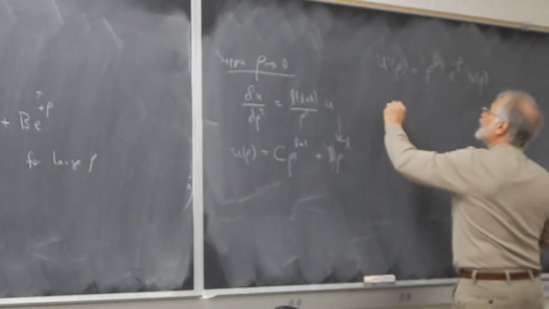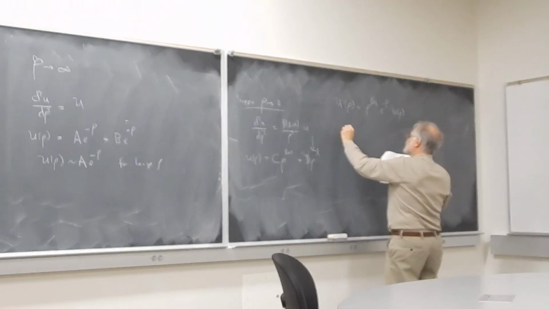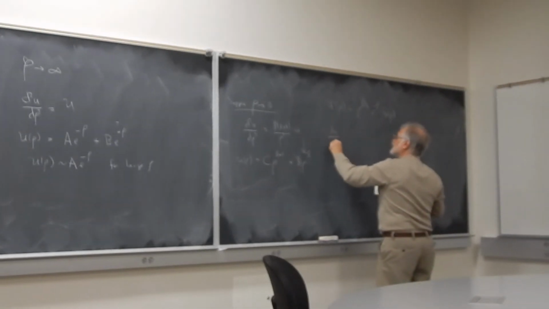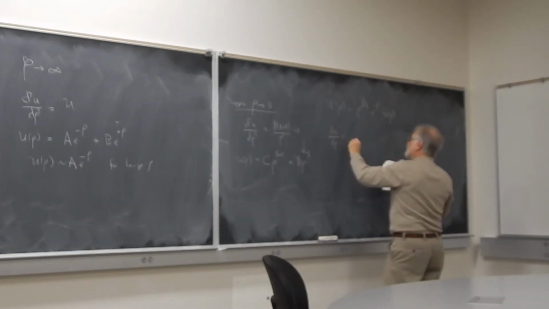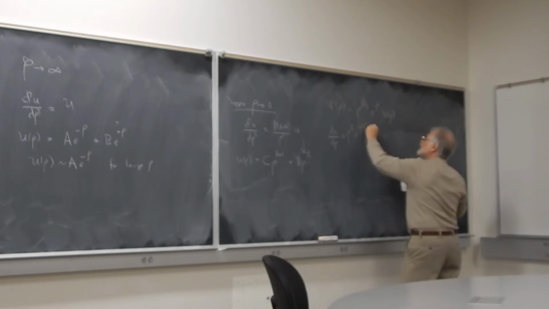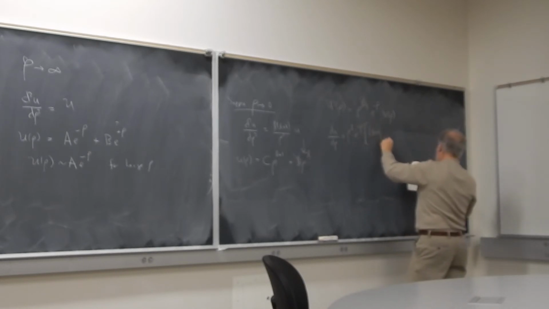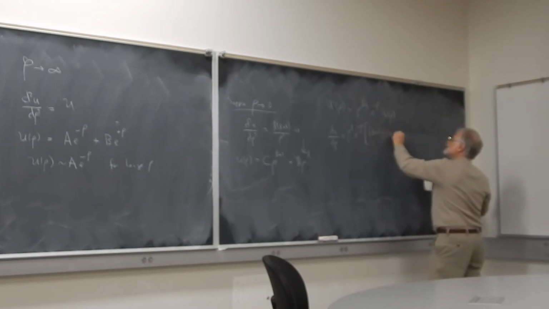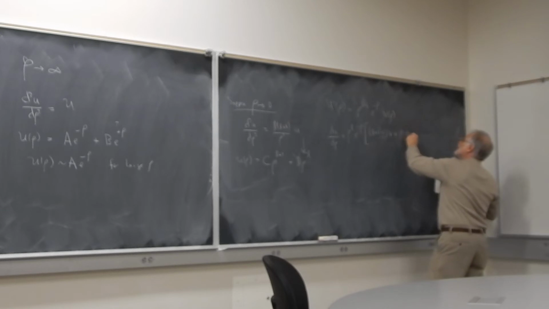Let's see. So what do we do? We operate on it. du d rho is going to be equal to rho to the l, e to the minus rho, times (l plus 1 minus rho) times v plus rho dv d rho.